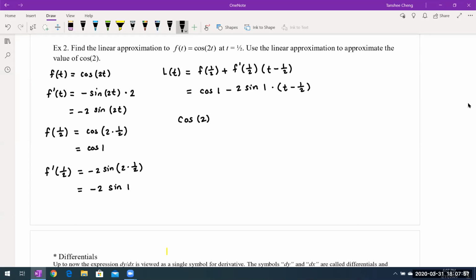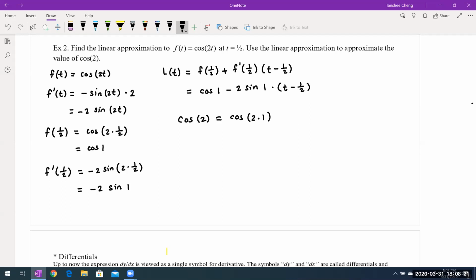Now cosine of 2, that is basically cosine of 2 times 1. The reason I write it like this is to help you see that in the original function, f of t is equal to cosine of 2 times t. So how do I get cosine of 2? My t must be equal to 1.